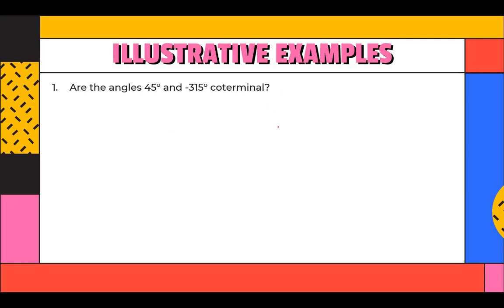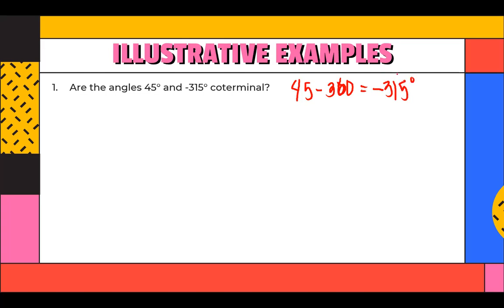Yes, they are coterminal because if you subtract 360 degrees from 45 degrees, the answer is equal to negative 315.